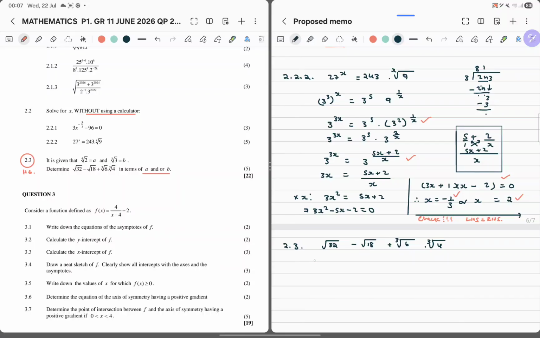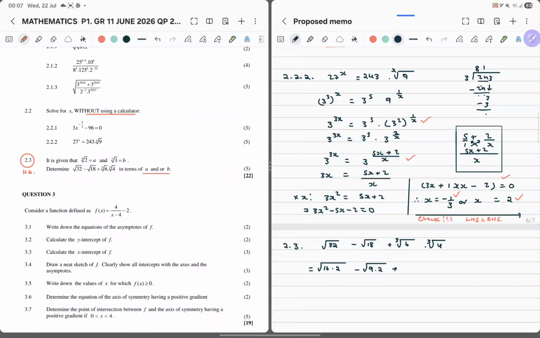Let's deal with it. So we know, folks, we change these to a perfect square and a prime number. So 32 is 2 times 16. Let's just show the steps a bit for those who may not know. 32 is 16 times 2, minus, always choose a perfect square and a prime number, 18 is 9 times 2 as well.